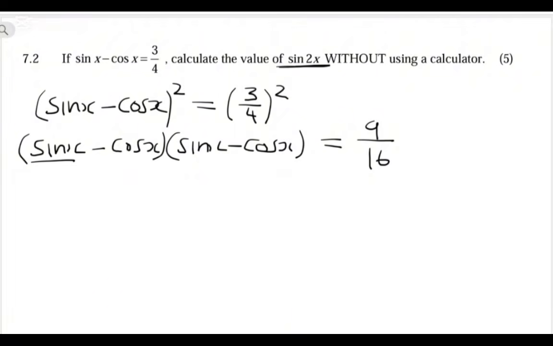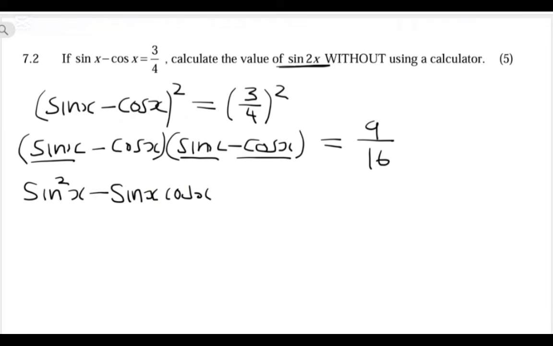Sine x multiplied by sine x is going to give us sine squared x. And then sine x multiplied by negative cos x is going to give us negative sine x cos x.